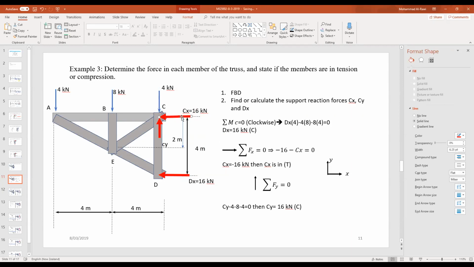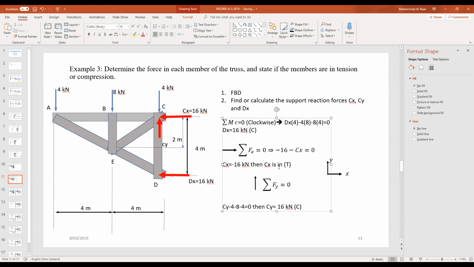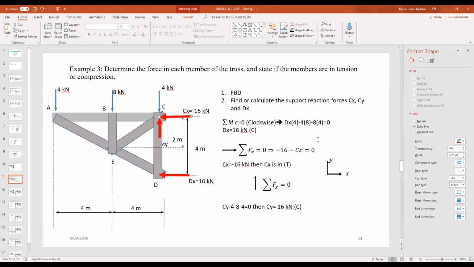You don't need to resolve it again. You just say Cx is negative, or Cx is in tension. So in this way, when I read your paper and Cx, I understand it should go in the opposite direction. So that's where it's negative. Or Cx is in tension, so I understand the Cx is leaving your geometry.